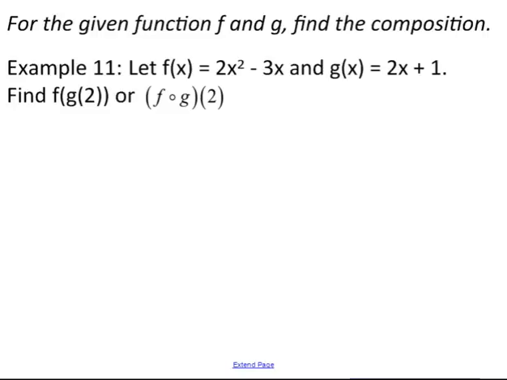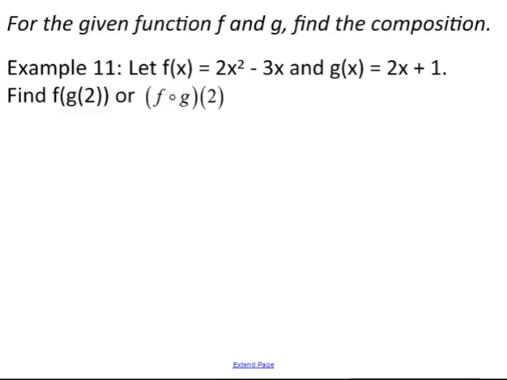The notation for function composition is kind of weird. I can either say f of g of 2. Notice my g of 2 is actually inside the parentheses for my f function. Another way of writing exactly the same thing is f and then this little open circle.